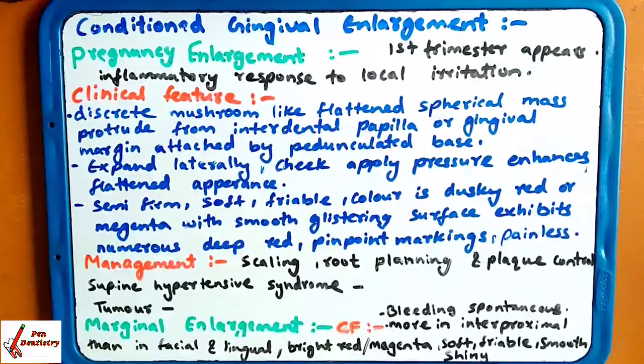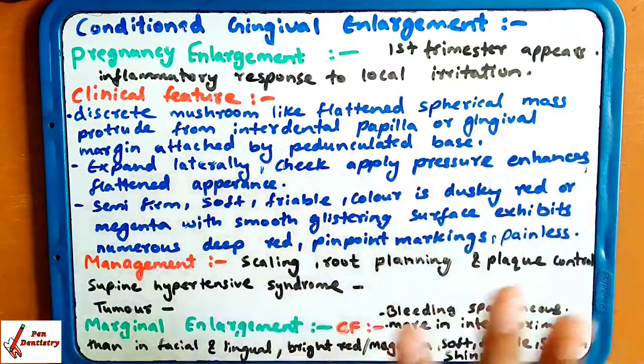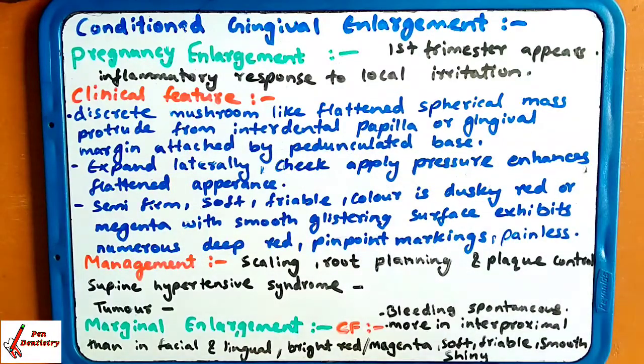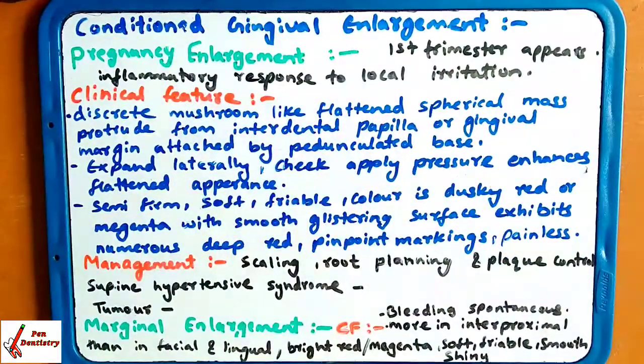It takes place in the first trimester, as an inflammatory response to local irritation, and it is not a neoplasm. The tumor is not a neoplasm; it is a response due to the local irritation. If the local irritation is present, then only the inflammatory response will take place. In the first trimester it takes place.